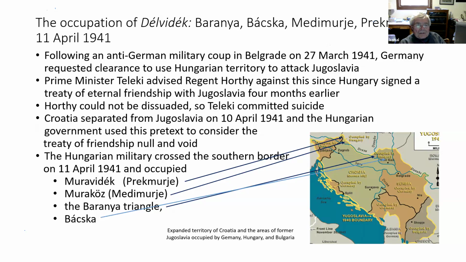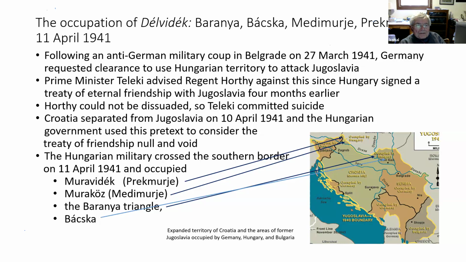At that time, Prime Minister Teleki advised against allowing Hungary to use its territory for the attack because 4 months earlier, Hungary had signed an eternal friendship treaty with Yugoslavia. He could not persuade Horthy from acquiescing to this, so Teleki ended up committing suicide.